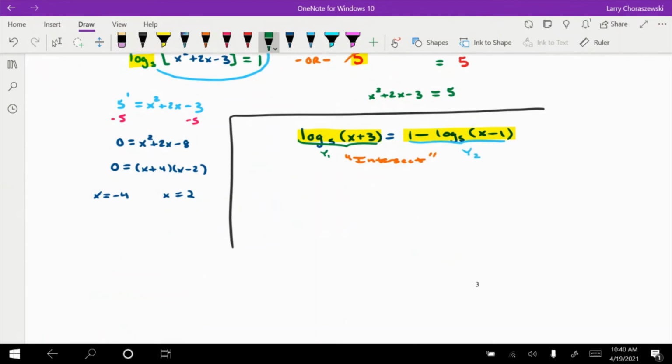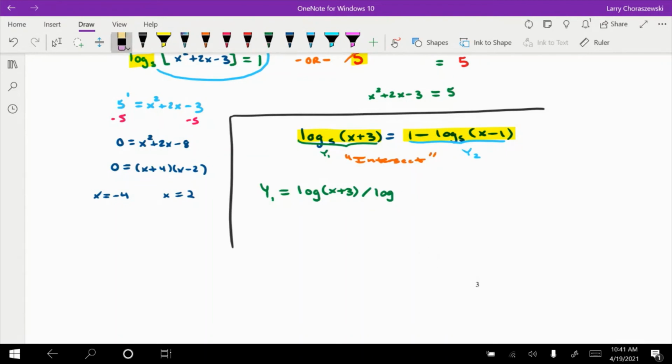Now, in the graphing calculator, most of us don't have the capability of typing in log base 5 of x plus 3 as is. So instead, I'm going to give you a way that works for everybody. And that way is using the change of base formula. So instead of log base 5 of x plus 3 for y1, let's type in log of x plus 3 divided by log of 5.